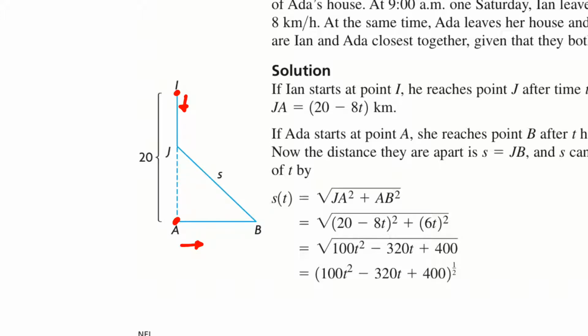After T hours, Jan is at J and Ada is at B. AB is 6T and AJ is 8T. Notice that distance is speed times time. This means JB can be written as a function of time.